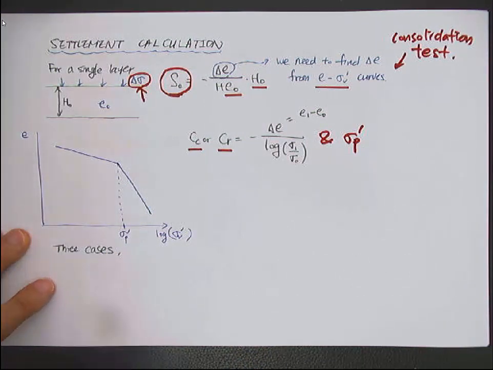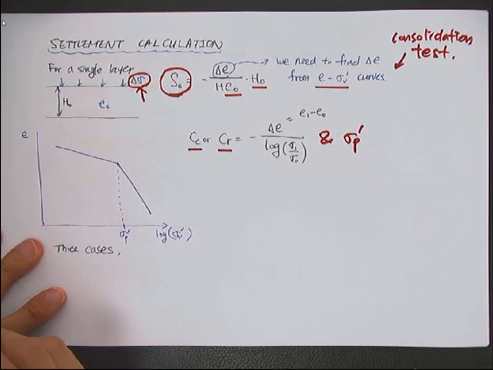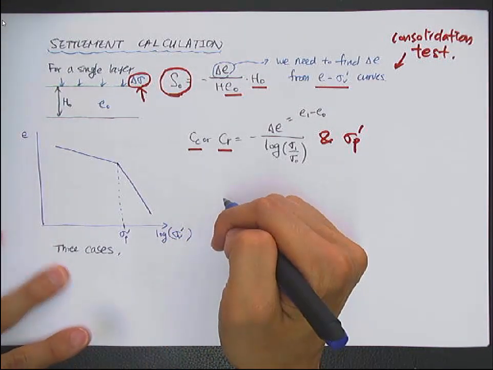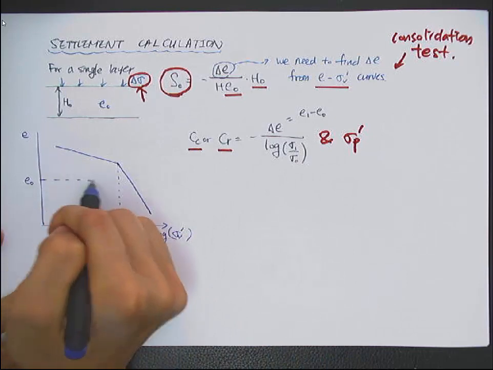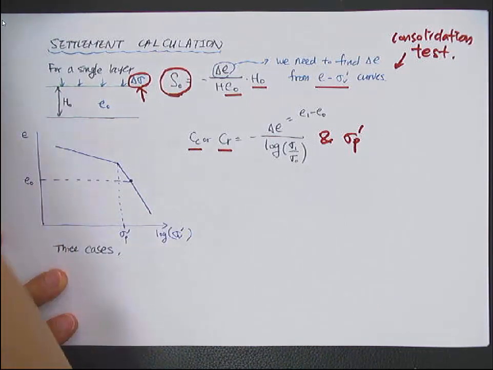And if the soil is normally consolidated, so that the current void ratio is here. Okay, let me use the other color.